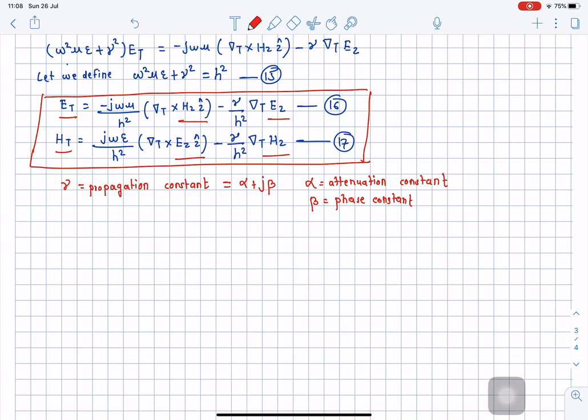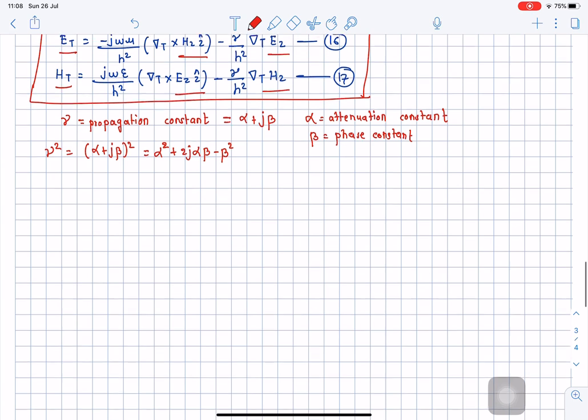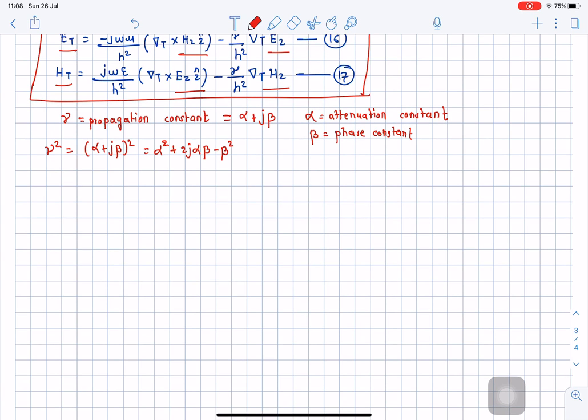Okay, so if we take gamma square, then gamma square is equal to alpha plus j beta whole square. This can be written as alpha square plus 2j alpha beta minus beta square, if you expand the bracket.